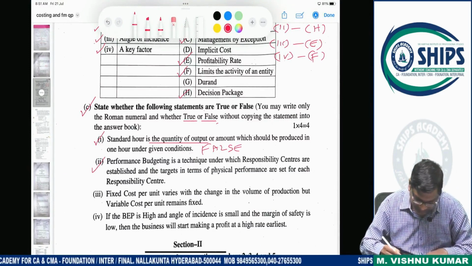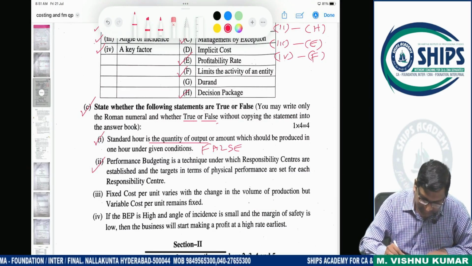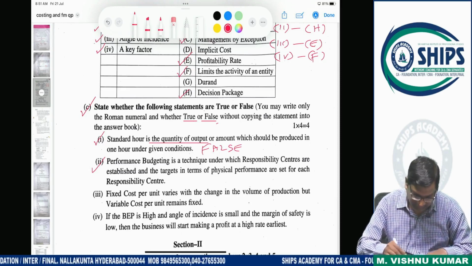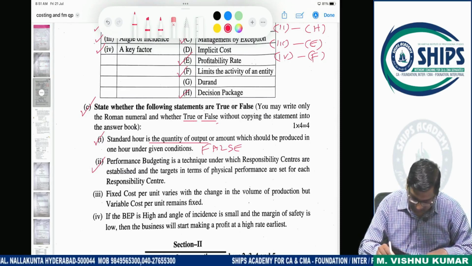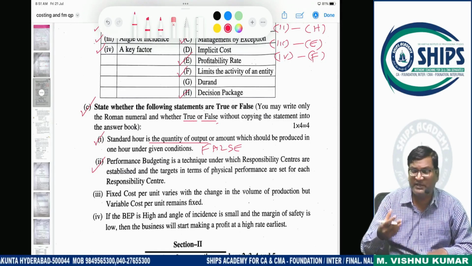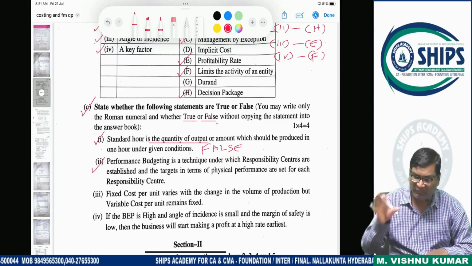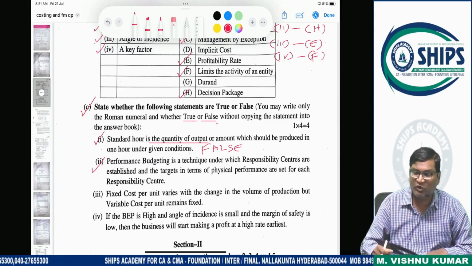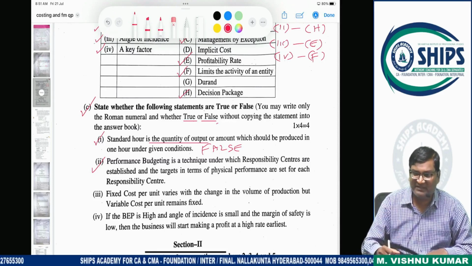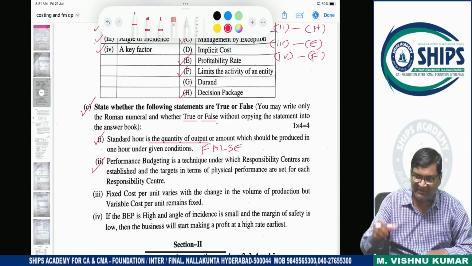Now second question. Clear? Performance based budgeting is a technique under which responsibility centers are established and targets in terms of physical performance are set for each responsibility center. This is a question on your group 1, responsibility accounting. In group 1 we understand basic cost concepts. In that, profit center, investment center, cost center are part of responsibility accounting.